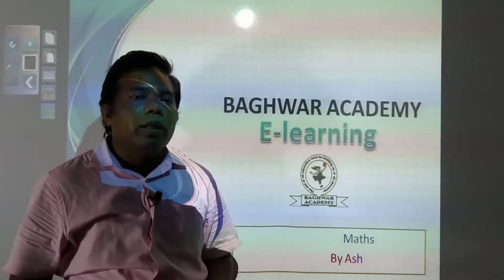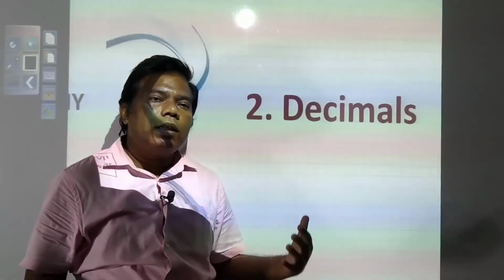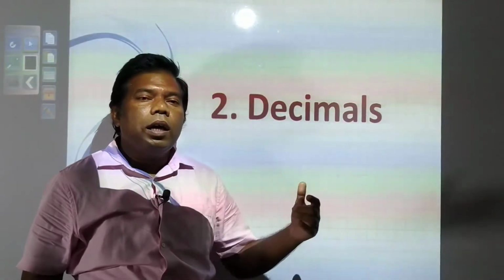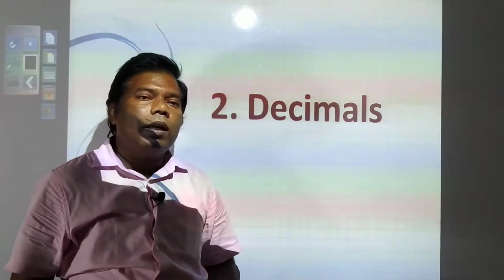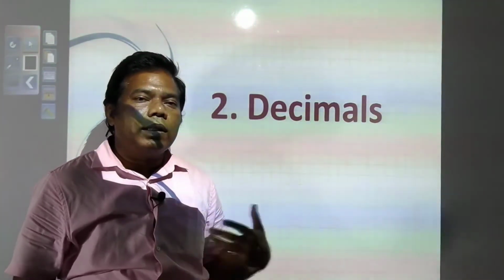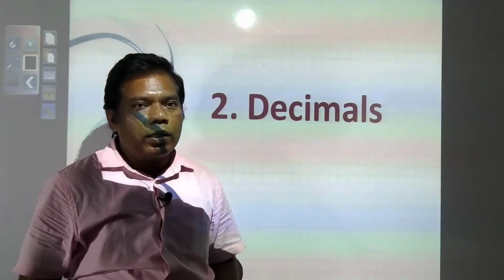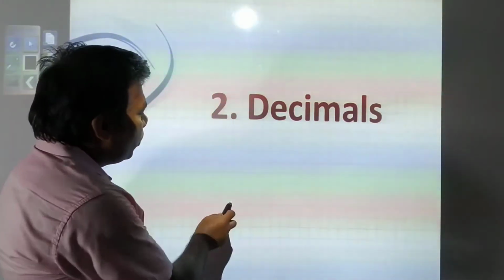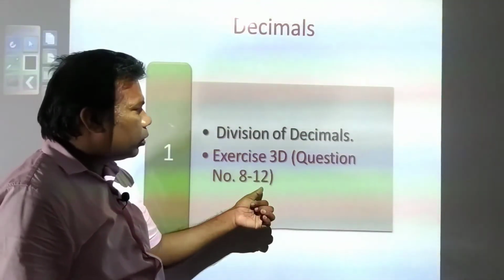As we have been doing division of decimals, we have already started exercise 3T, and questions 1 to 7 were done in the last class. I hope you have done them, and even started the remaining questions. So today we will see the remaining questions, and of those I have taken questions 8 to 12.